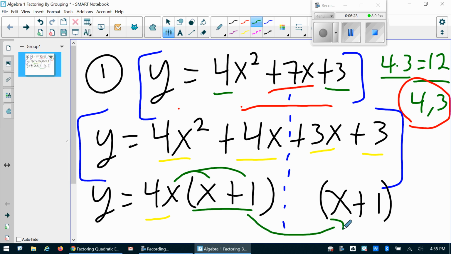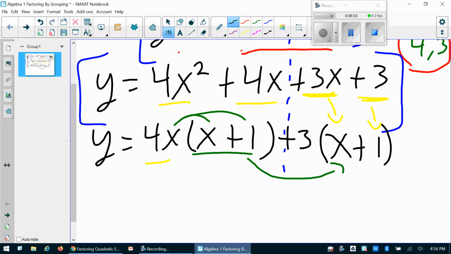All I have to find out now is what do I divide by to make that happen, and that is a 3 because 3x over 3 is x, and 3 over 3 is this plus 1. So that's your next step. And I almost forgot, I have to put a plus in between right there. Again, we have all equivalent expressions that are just looking different.